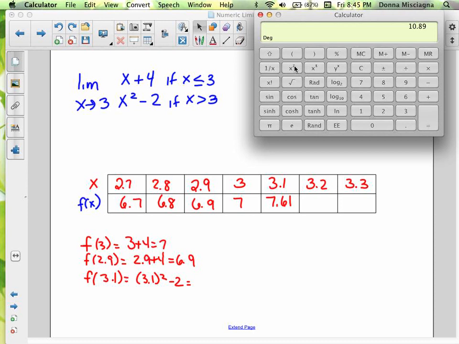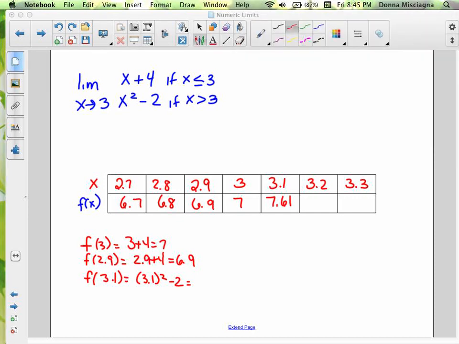All right, so let's put those values on the table. So 8.24, and that was 8.89. Well, they're kind of close to one another, the 3 and the 3.1, and the 2.9.